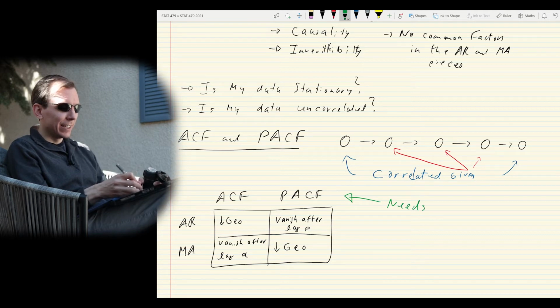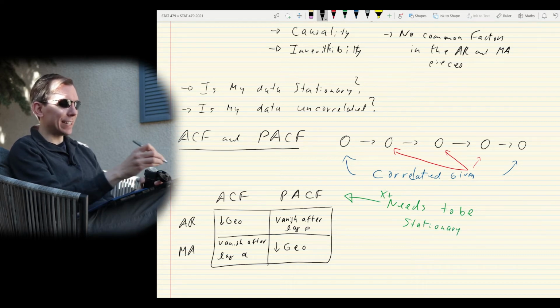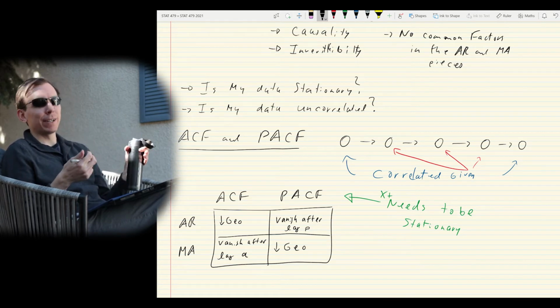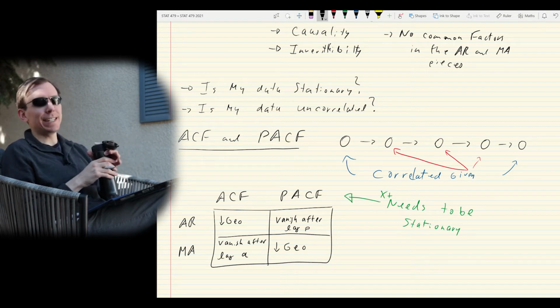And once again, I like to emphasize that XT needs to be stationary to look at these plots. If your time series is not stationary, you can't do this estimation properly, and what you're probably going to see is just extremely big spikes everywhere for your ACF and PACF.